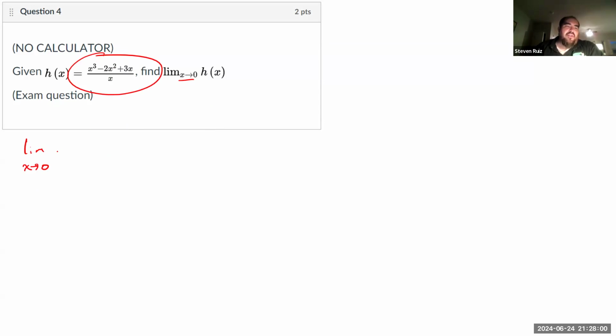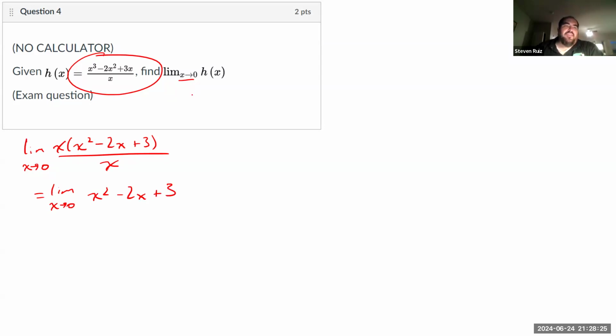So every term in the numerator has an x in common. So I'm going to factor out an x. If I factor out an x, I get x squared minus 2x plus 3 all over x. So after I factor out that x, I can cancel out the x in the denominator. So this limit is equal to the limit as x approaches 0 of x squared minus 2x plus 3.